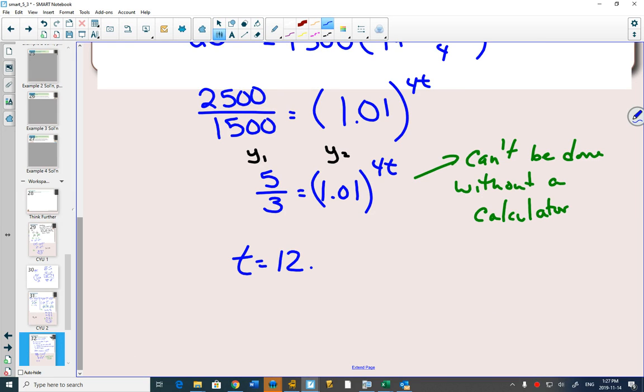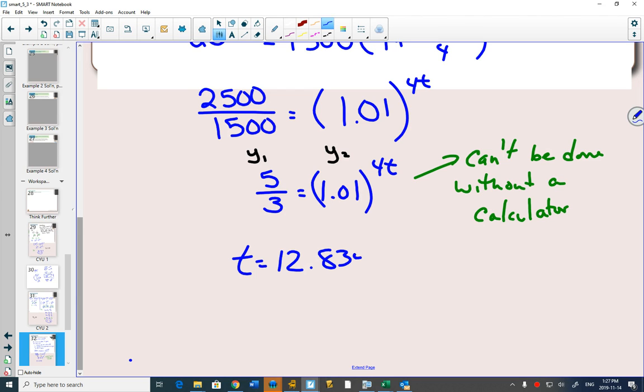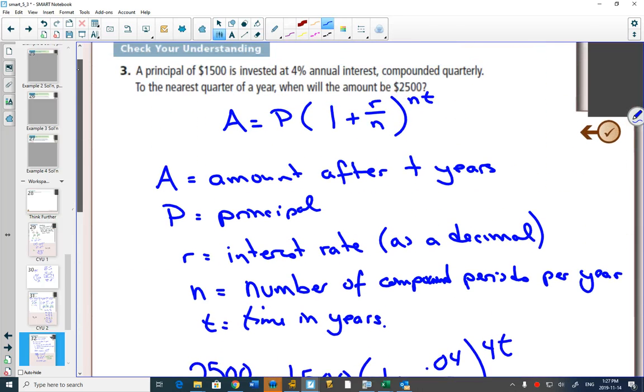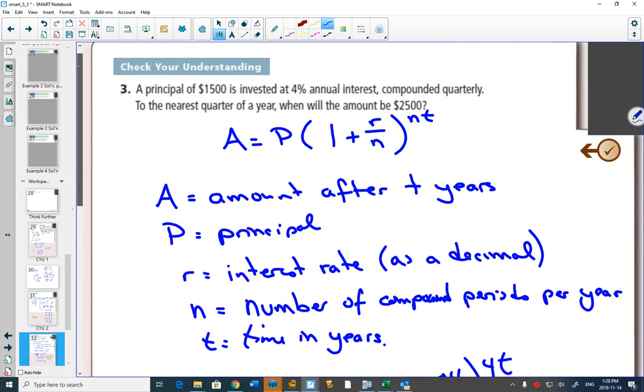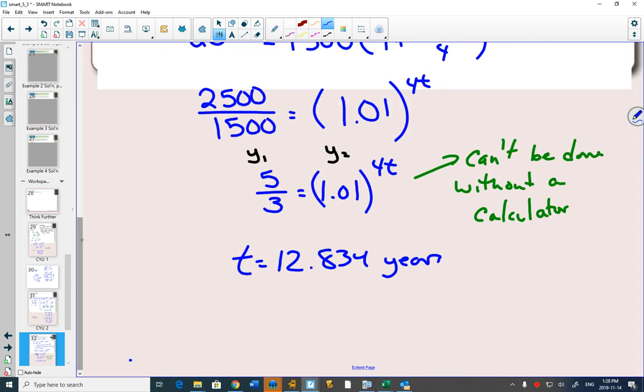I guess if this was an exam, they would want you to put 3 decimal places. 12.834. I'll read the question again just to make sure they didn't say round to the nearest something. To the nearest quarter of a year. How do you round 12.83 to the nearest quarter?